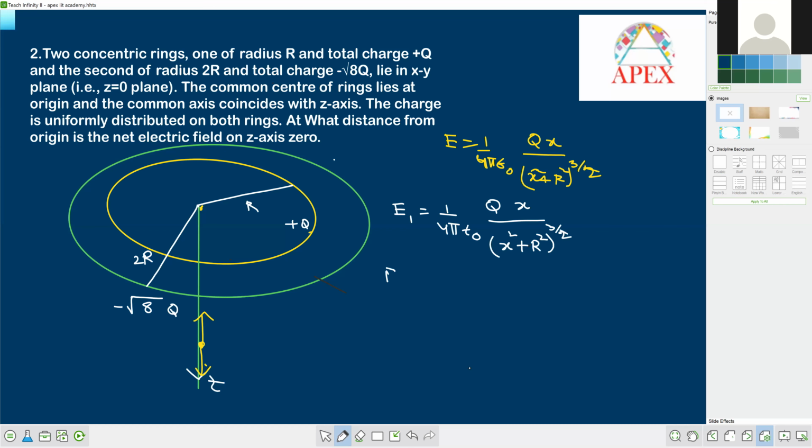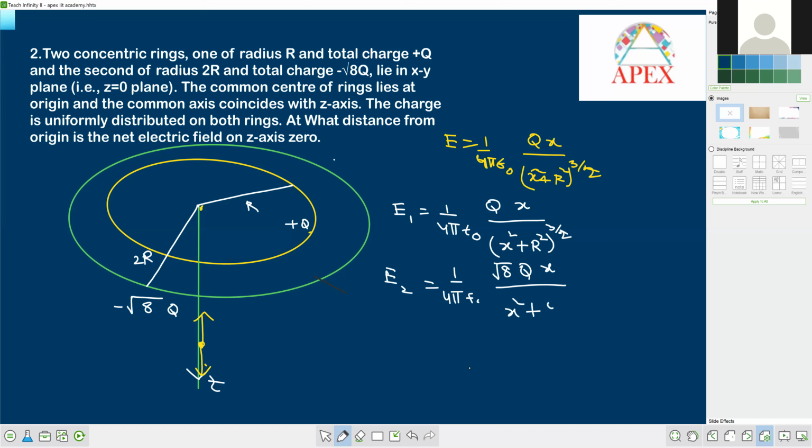And due to the second ring, outer ring, if you want to calculate, that is again 1 by 4 pi epsilon naught. What is the charge here? Of course, that is negative charge. Root 8q into distance is the same, that x only you have to find out, by x square plus, and the radius of the second ring is 2r, na?